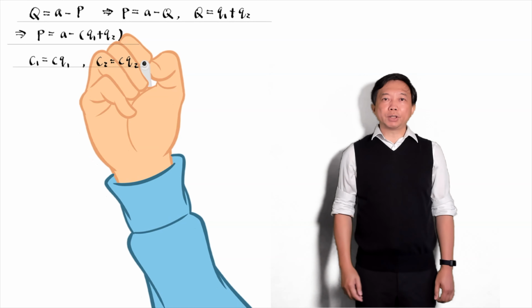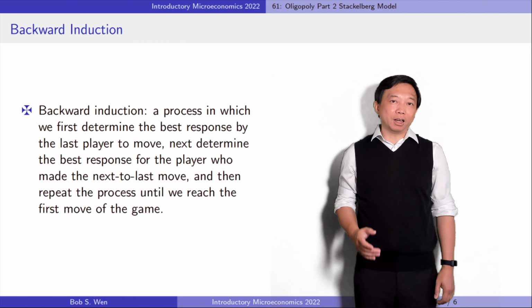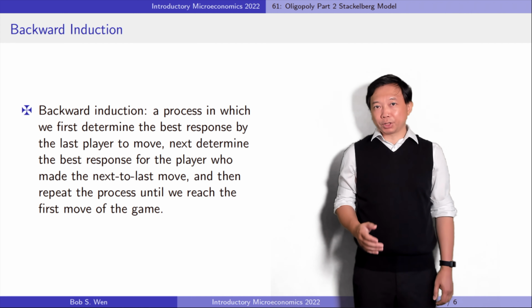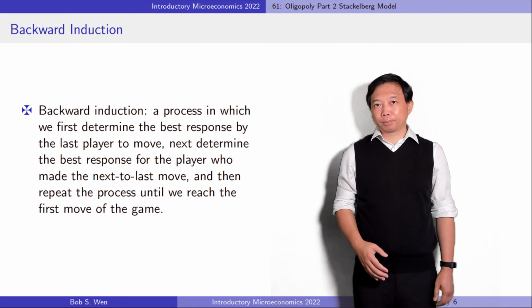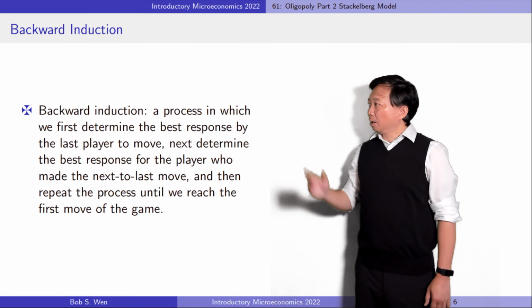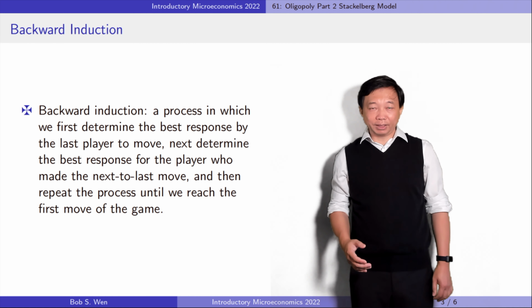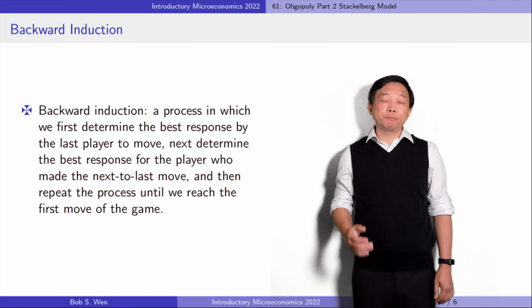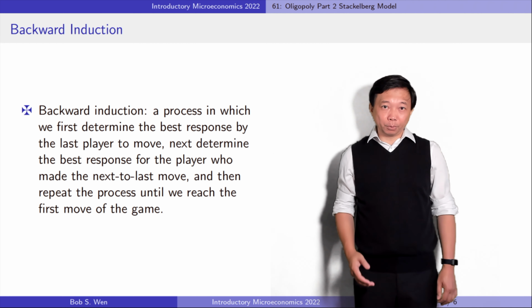We first consider the follower's choice. Here we adopt a method that is often used in game theory to solve sequential games. It is called backward induction. Backward induction is a process in which we first determine the best response by the last player to move.